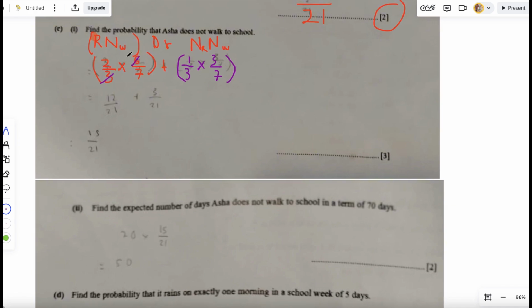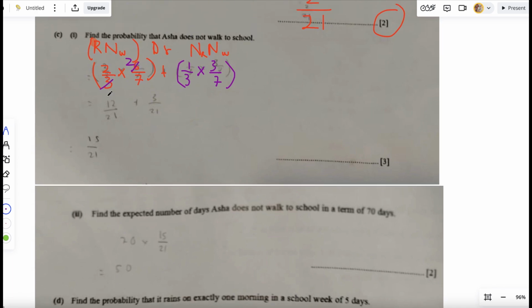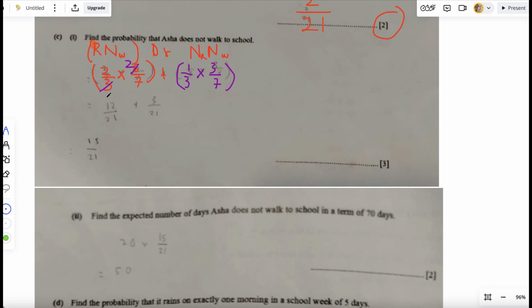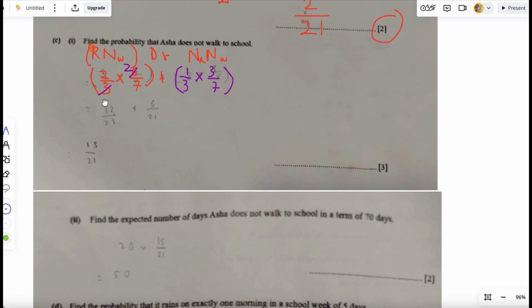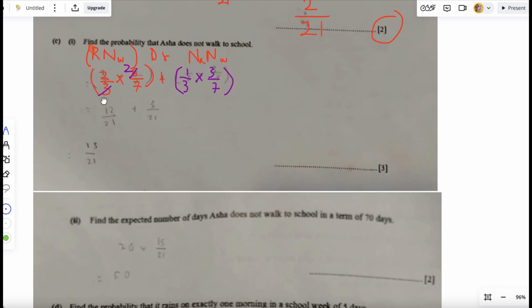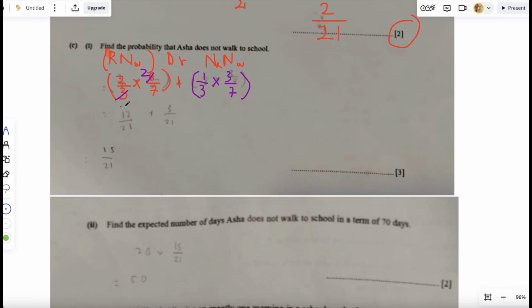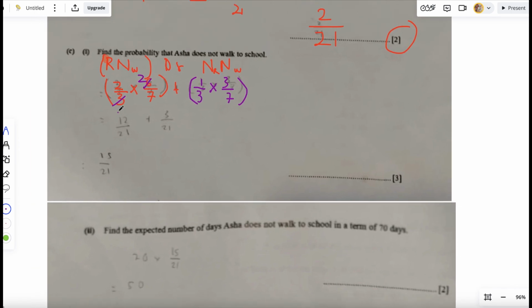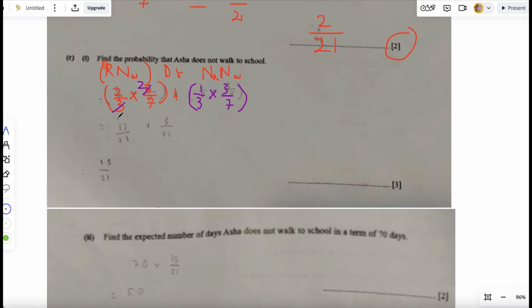So if we multiply the numerator, we now have 2 times 2 in the numerator, and we have 1 times 7. So here I have 4 over 7, right?